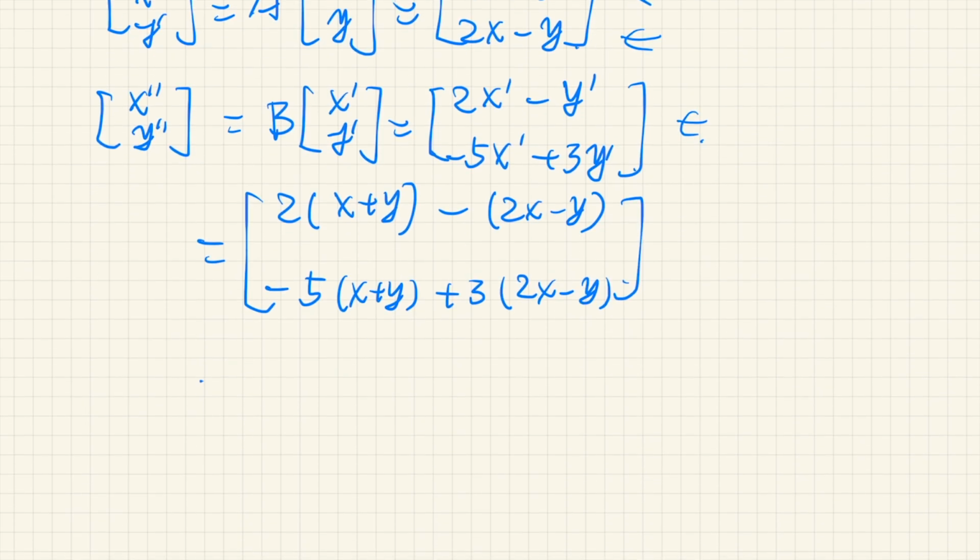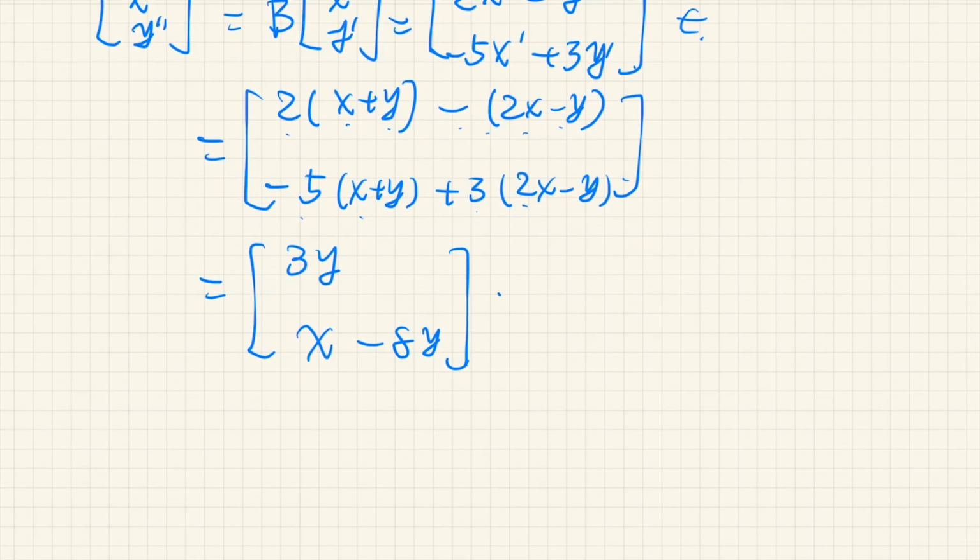Let's expand and tidy up. 2x minus 2x, that's 0x, and 2y plus y, that's 3y. And minus 5 plus 6 is x, and minus 5 minus 3, that's minus 8y.